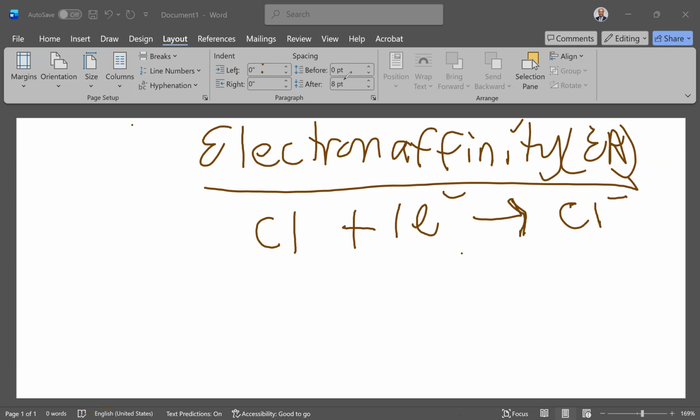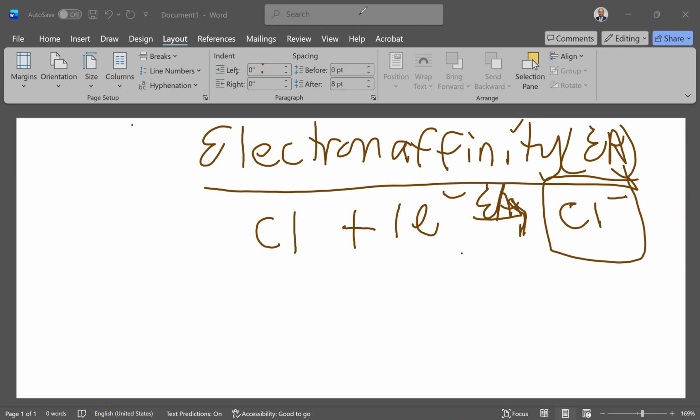Here it needs EA, electron affinity, an energy to help the neutral element pull an electron from the vicinity around it towards itself. Then you get this negatively charged atom, called a chloride ion. So this is electron affinity.